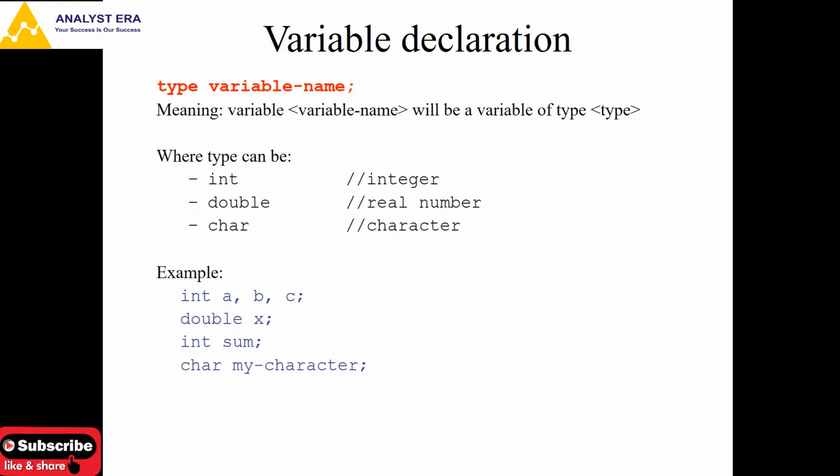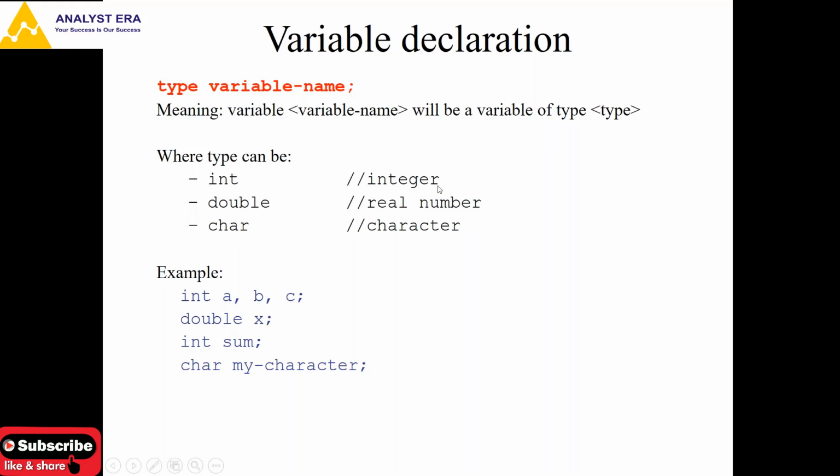The basic data types will be provided by all languages. In C++, some basic data types are provided. Out of that, I will explain the simpler and widely used ones: integer, double, character.